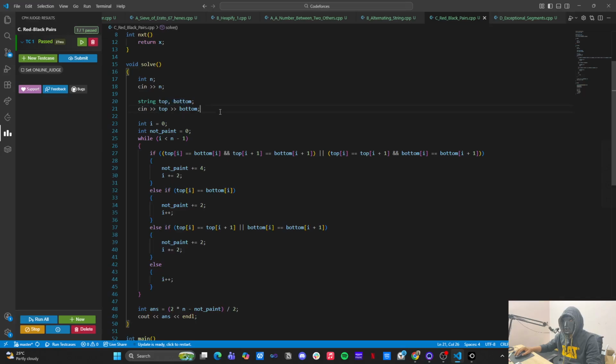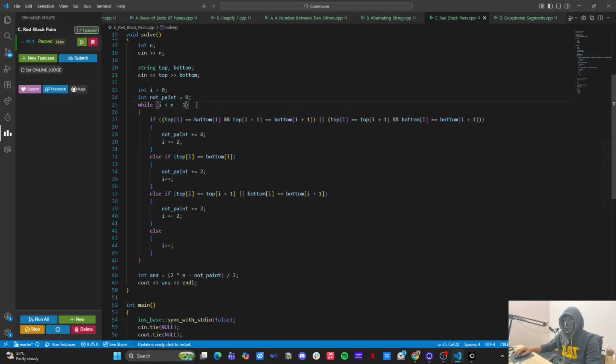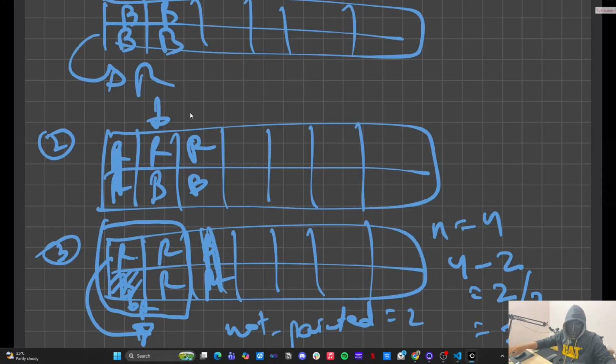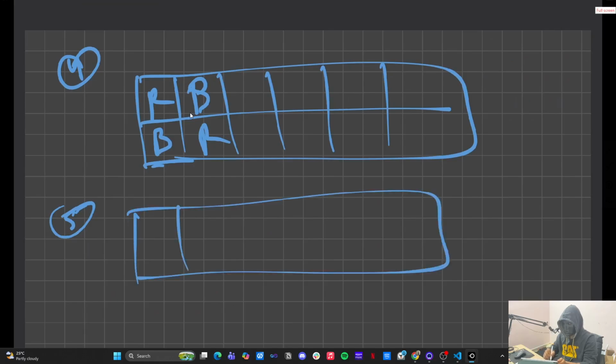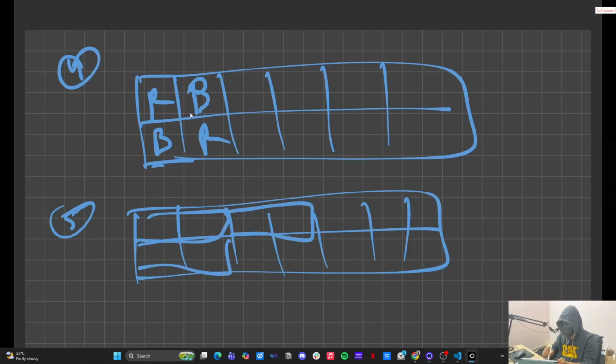Top bottom is correct. Okay, I've understood where it is wrong. Now it may happen that you are dealing with the cases, right, and you have got a pair in this way.